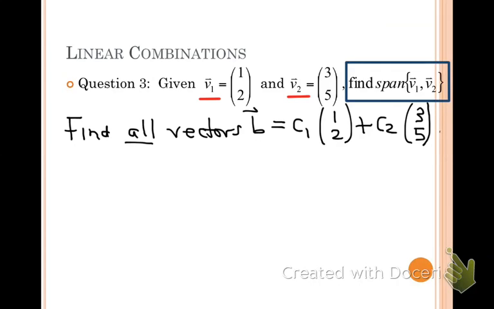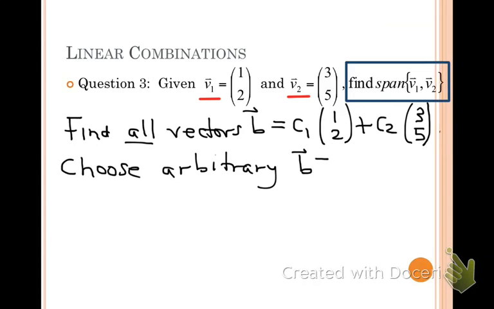So the way we might approach this is to just choose an arbitrary vector. So let's choose arbitrary b, and let's say that b is any vector in R2. By R2, we simply mean vectors that have two real elements. So the vector looks like b1, b2, where b1 and b2 are simply real numbers.